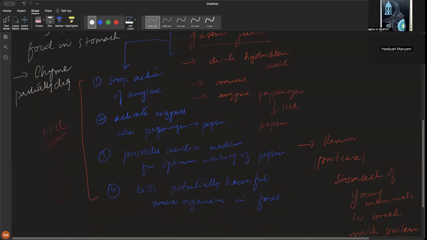This chyme is going to pass in small amounts into the duodenum, or the entry point of the small intestine.